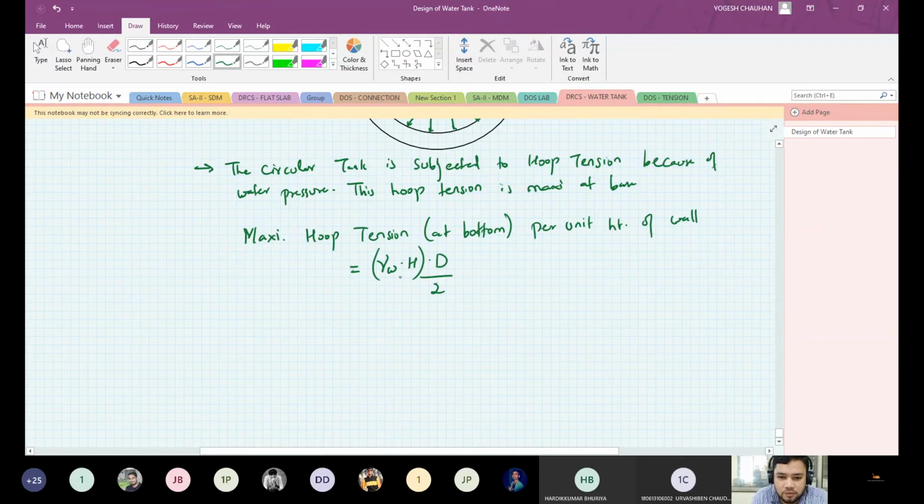So this is the maximum hoop tension at the bottom. And this hoop tension is maximum at the base and its intensity decreases as we go up.